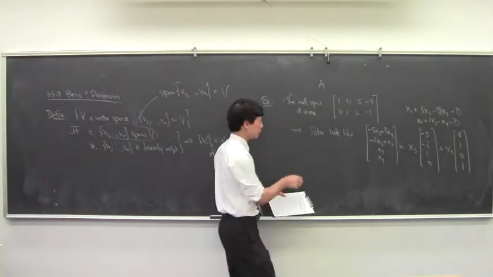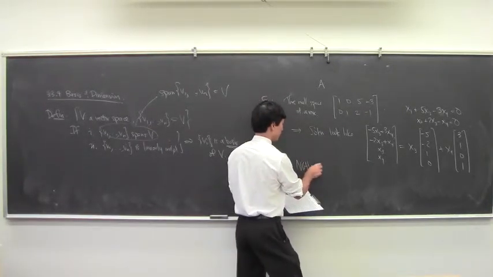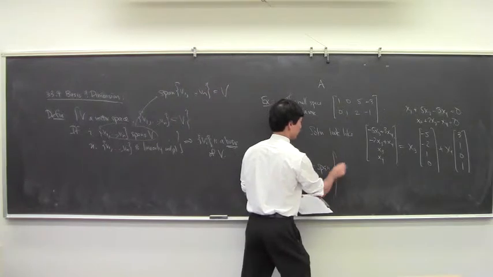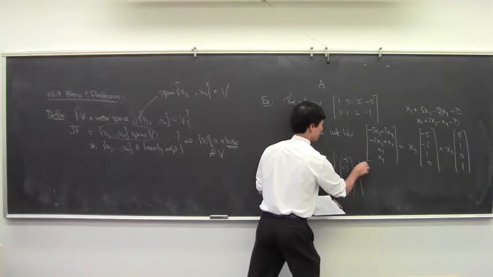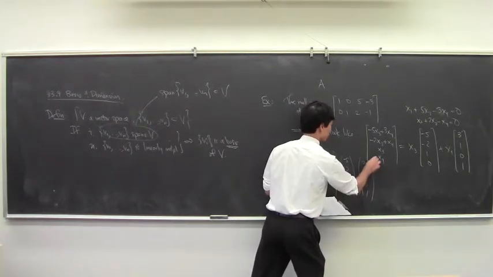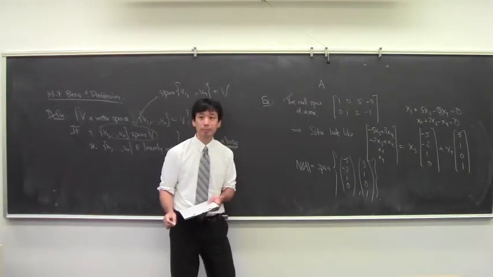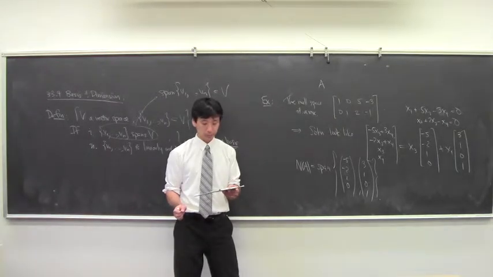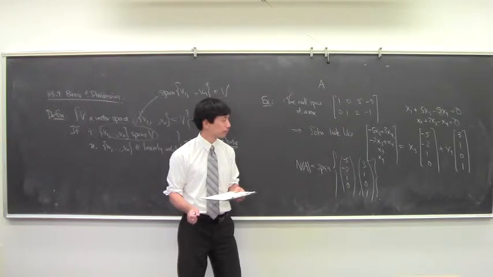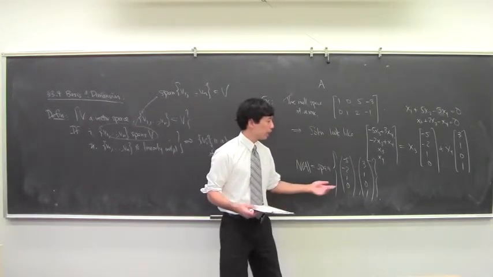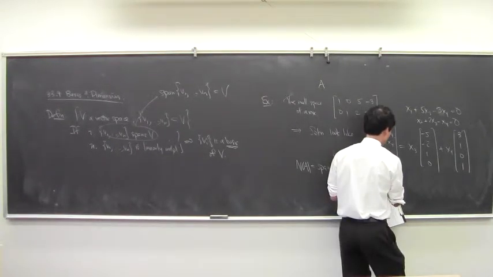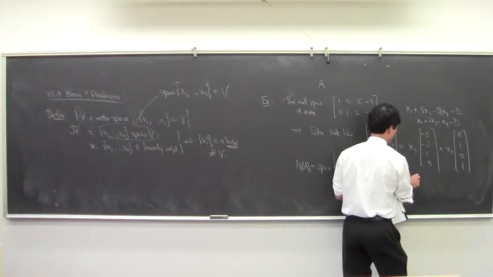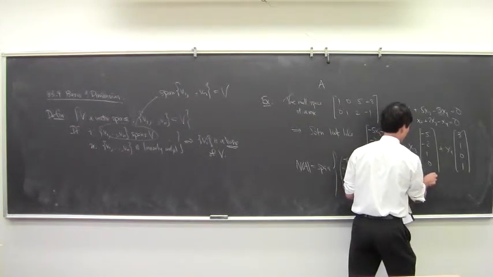Okay, we've done this thing before, right? The null space turns out to be the span of these two vectors, right? Negative 5, negative 2, 1, 0, and 3, 1, 0, 1. Now, these vectors are linearly independent, right?